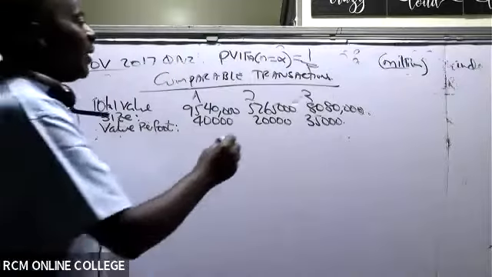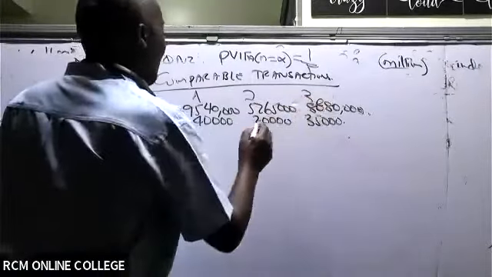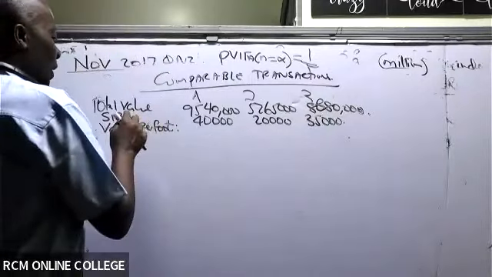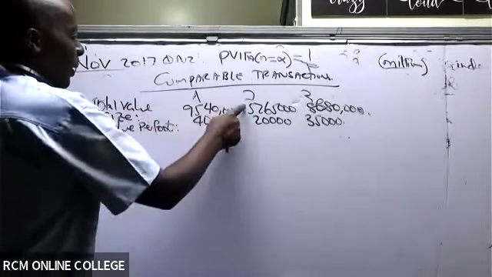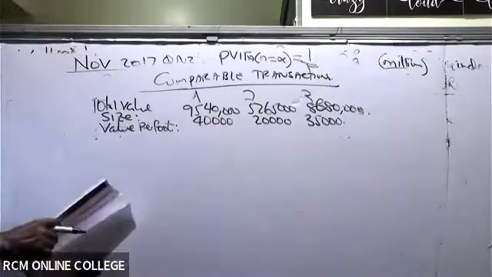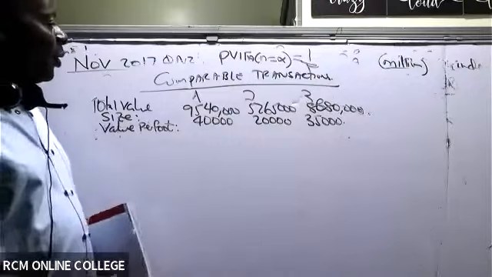88, great, 88. So then come there and write, in this case here, value per foot. So you take the size, so you take this divided by 40,000. Value per foot, already we have this. It's just about dividing.